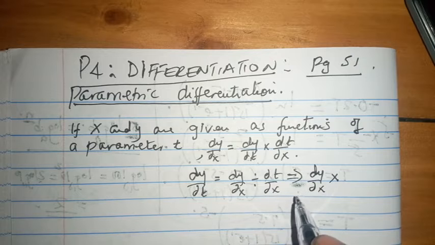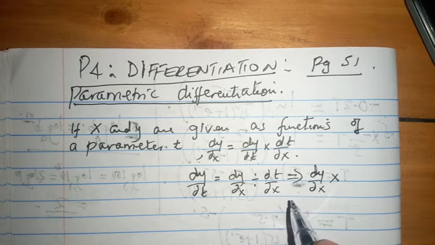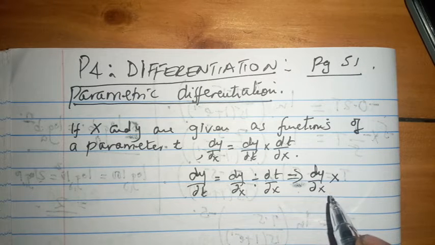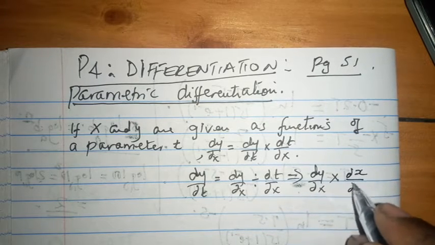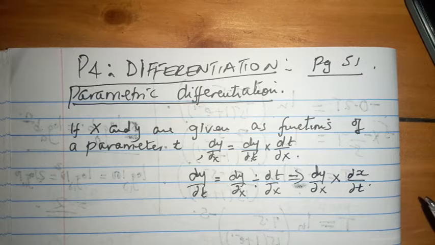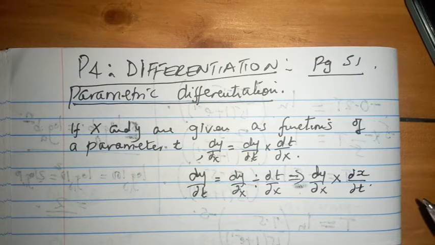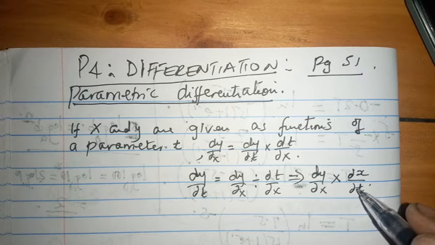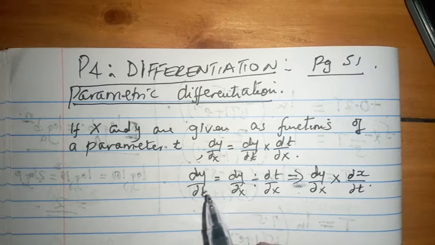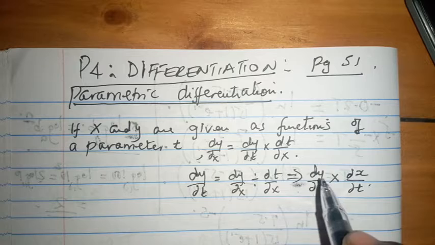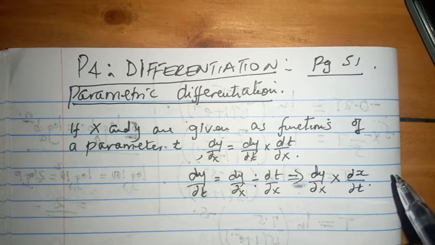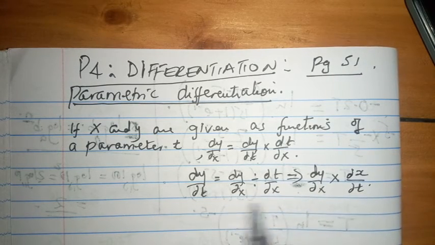Please remember, when we divide by a fraction, it is the same as multiplying by its reciprocal, so dx/dt. So anytime we have dy/dx times dx/dt, we get dy/dt, and we can also get dx/dt. We can make anything the subject of the formula.